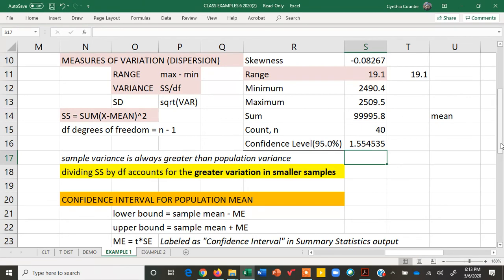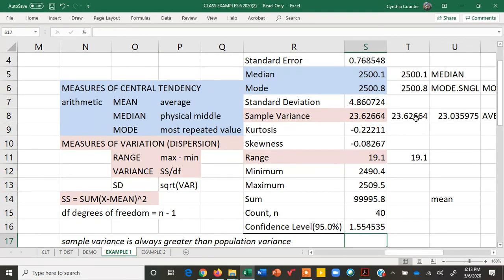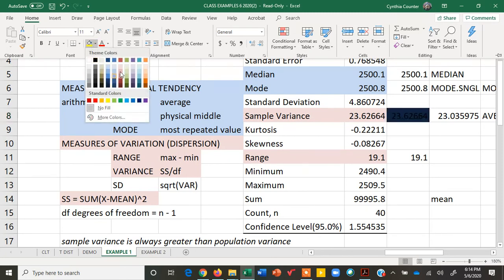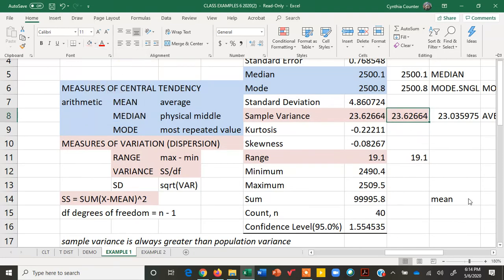So it's very important that if you were to use the formula here, you would want to use the sample variance formula.